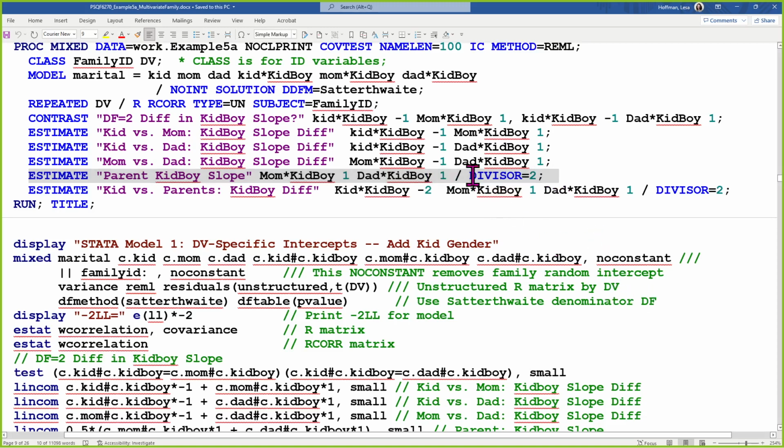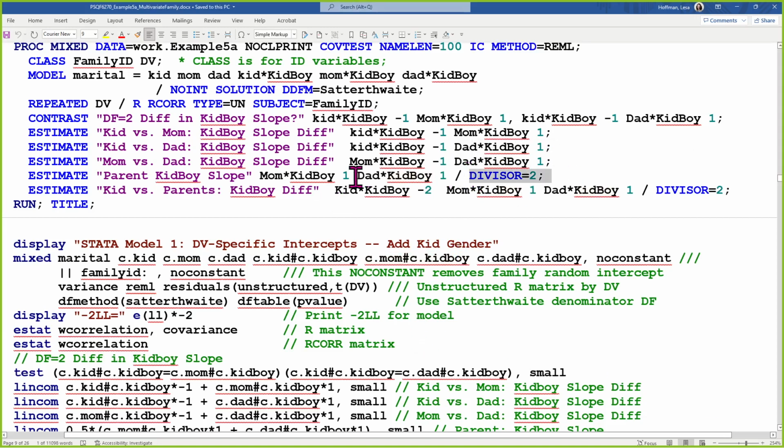The way that I'm doing that in SAS is by invoking this divisor option. At the end of the day, we only need a 1, 1. Basically, you can't have more than that, or the math doesn't work. So I'm cutting these in half by using this divisor option, and I have to do that explicitly in the other programs instead.